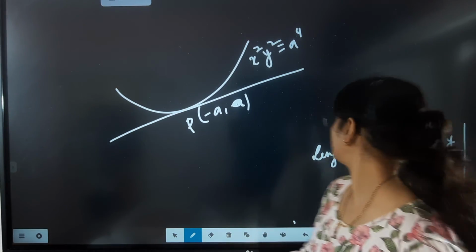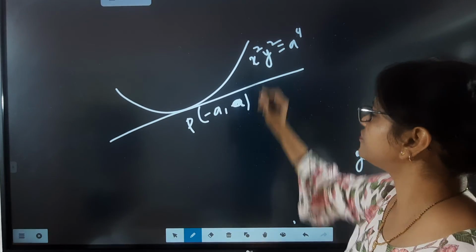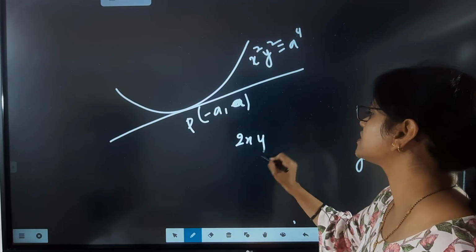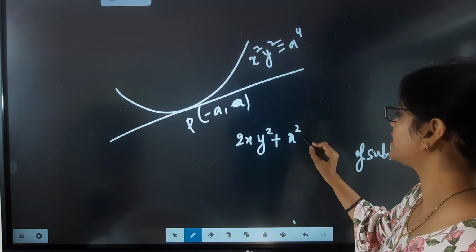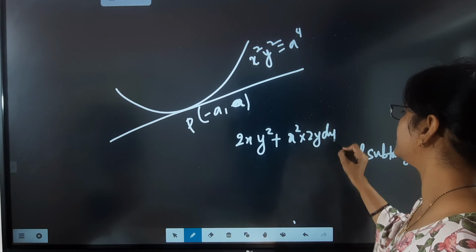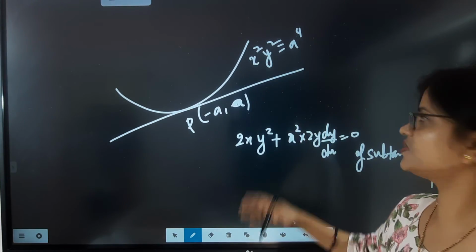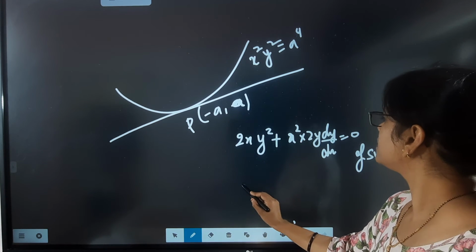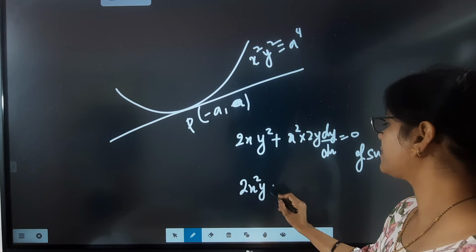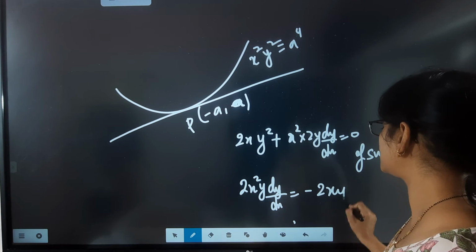So now what do we have to do? Any big work? Nothing. We have to find dy by dx. That's it. First differentiate this one. It will become 2x y square plus this time x square into 2y dy by dx equal to 0. A is a constant, so it goes. So now 2x square y dy by dx equals minus 2xy square.